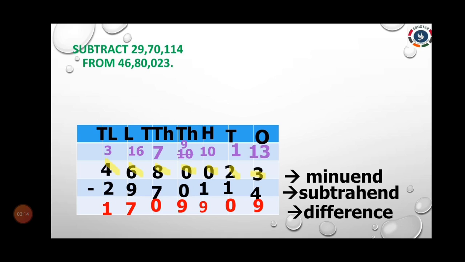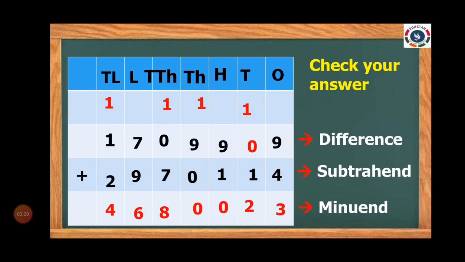What we want to do here is check whether we did the sum correctly or not. We already have the difference, and the second number is the smallest value, the subtrahend. The difference plus the subtrahend gives you the minuend, the greatest value. If we add the difference and the smaller value, you will get the greater value.